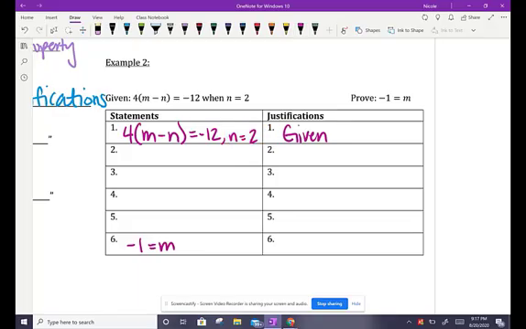Sometimes we can replace it with another term, but sometimes we can replace it with a number. That is called substitution. So I'm going to plug in or substitute for n a 2. So for m minus, instead of n, I'm going to write 2 equals negative 12. And that's substitution property.